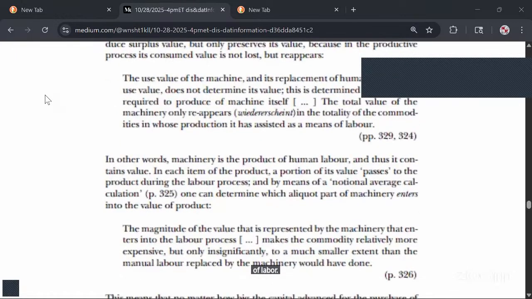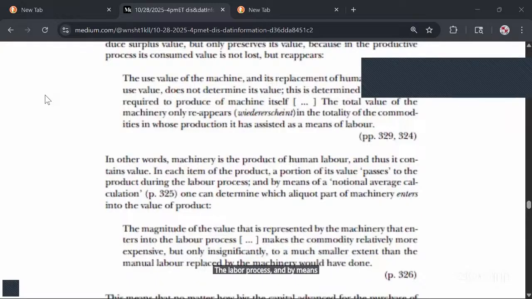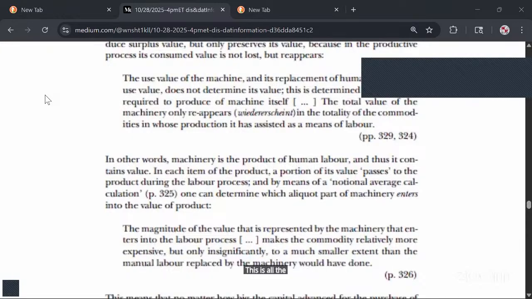In other words, machinery is the product of human labor, and thus it contains value. In each item of the product, a portion of its value passes to the product during the labor process, and by means of a notional average calculation, one can determine which aliquot part of machinery enters into the value of the product. This is all the business of depreciation, etc., right?